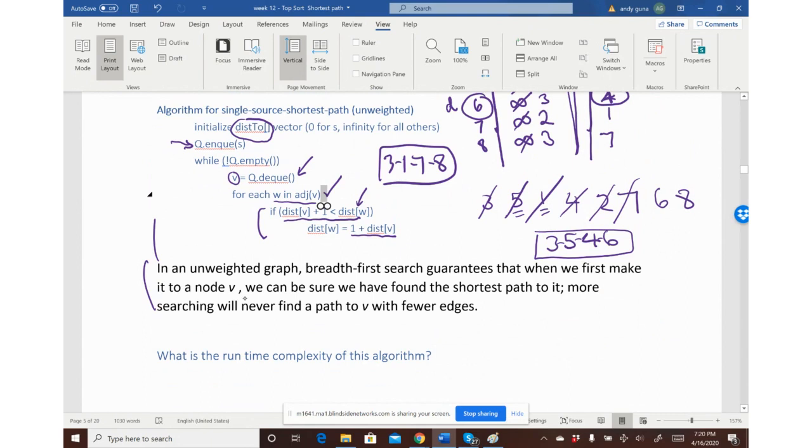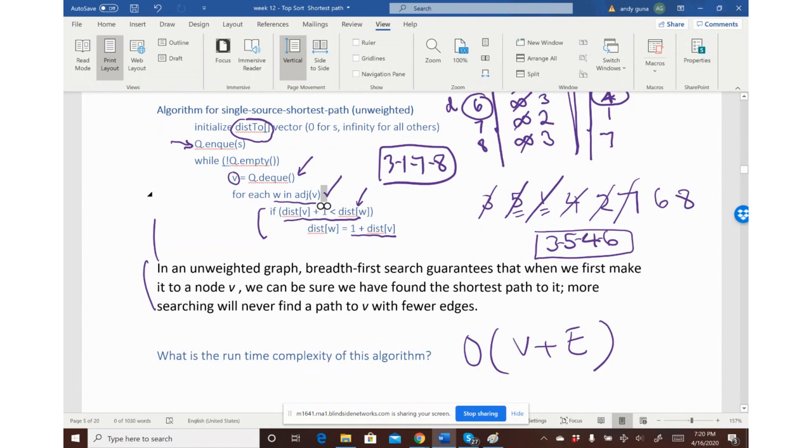So the question is, what is the runtime of this algorithm? Yeah, the runtime of the algorithm is V plus E because it's pretty much like breadth first search. We didn't do anything fancy here.